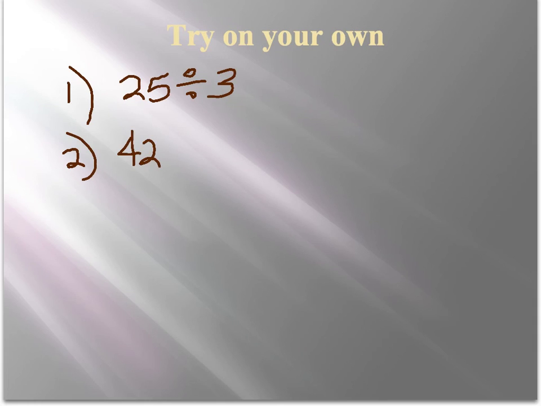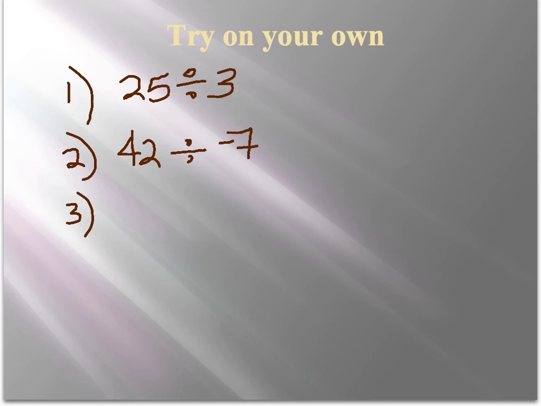Alright, some problems for you to try. Let's see, we'll start off with 25 divided by 3. And then we'll do 42 divided by negative 7.